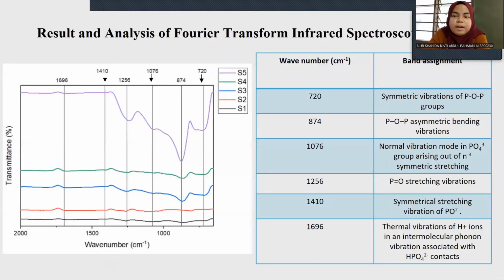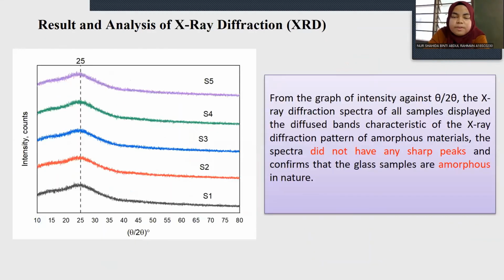For the FTIR method, we can get the band assignment from the wave number analyzed in the graph of transmittance against wave number. For the X-ray diffraction, we can see from the graph of intensity against 2 theta that the spectra did not have any sharp peaks, and the glass samples are amorphous in nature.